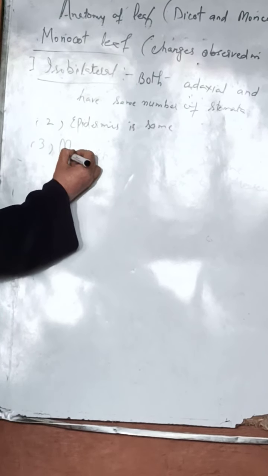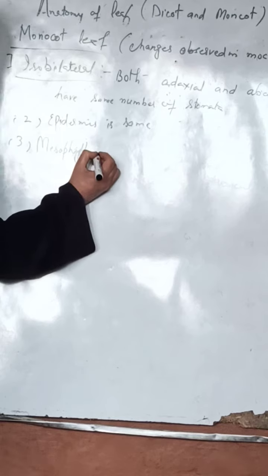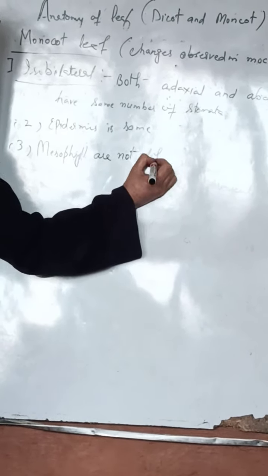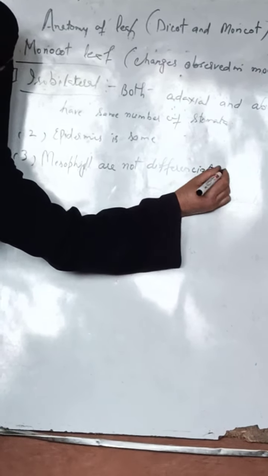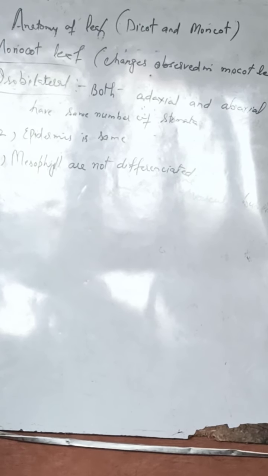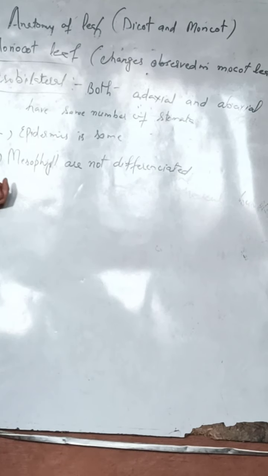Third is mesophyll cells are not differentiated. In case of dicot leaf, these mesophyll cells were differentiated into spongy mesophyll and palisade mesophyll.